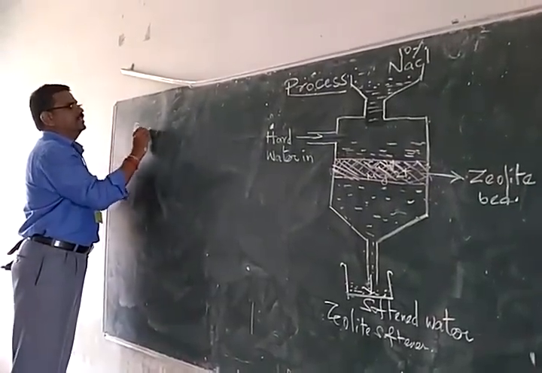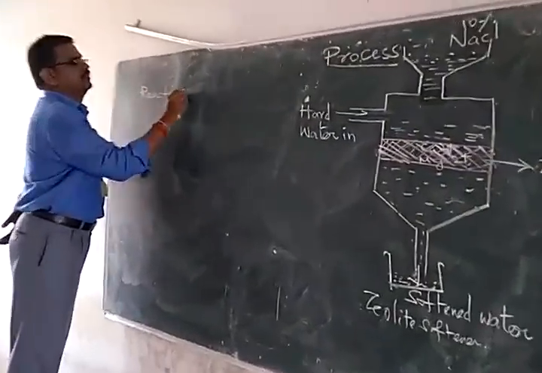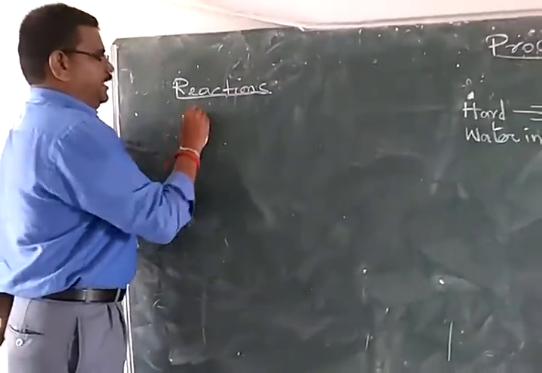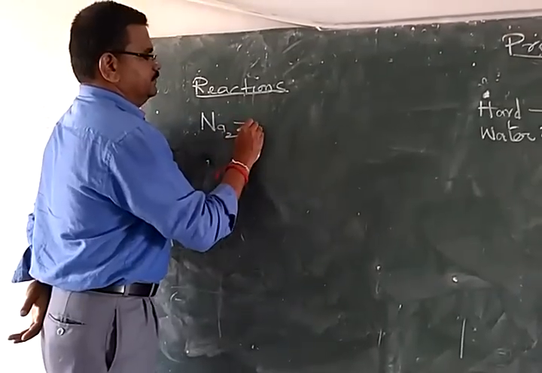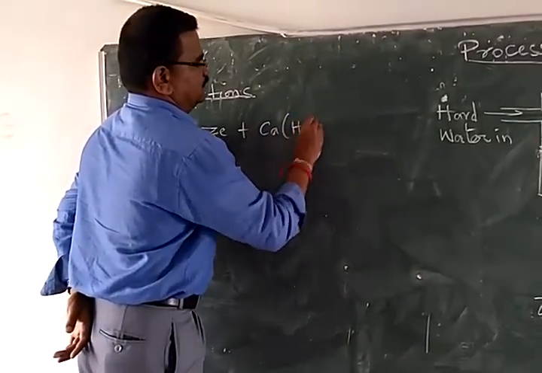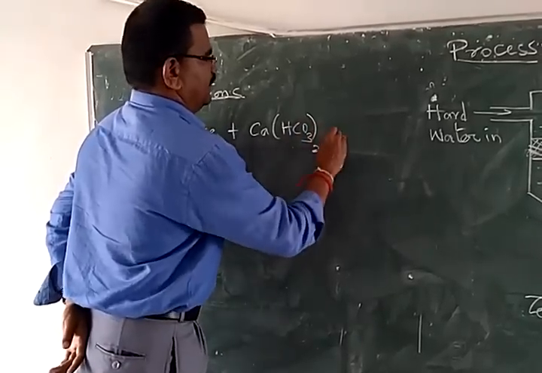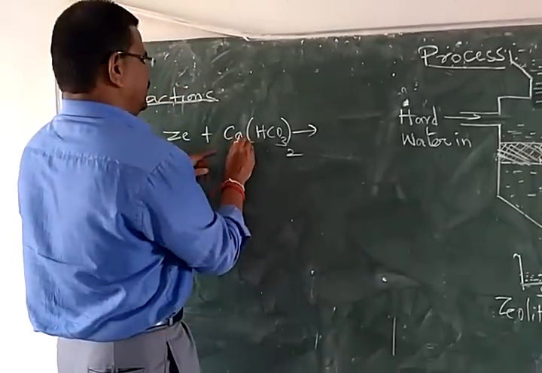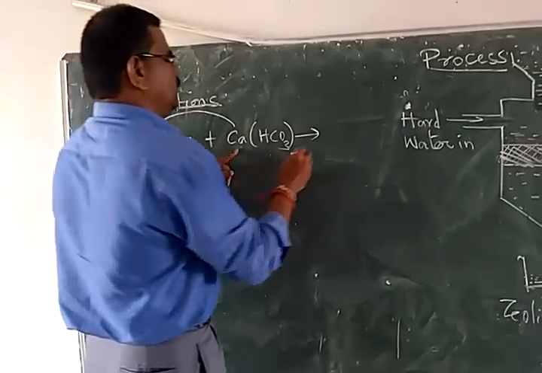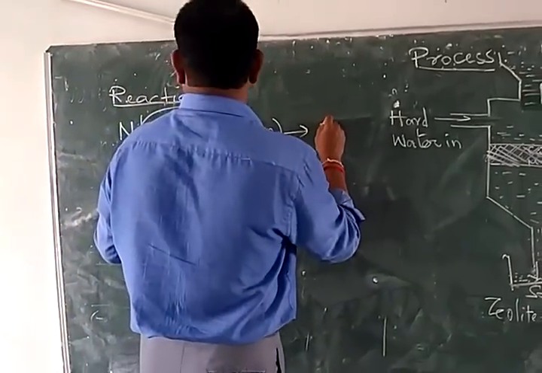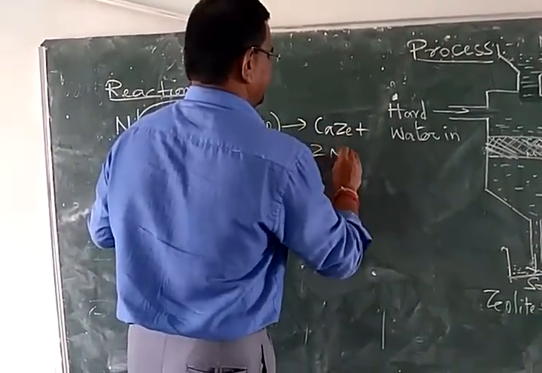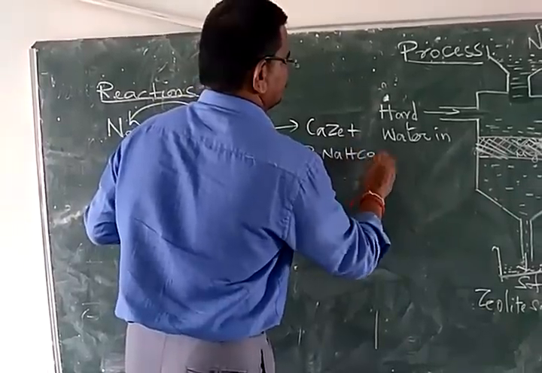The various reactions involved in softening of water. Sodium zeolite, formula Na2Ze, plus calcium bicarbonate reacts to form CaZe plus 2NaHCO3.